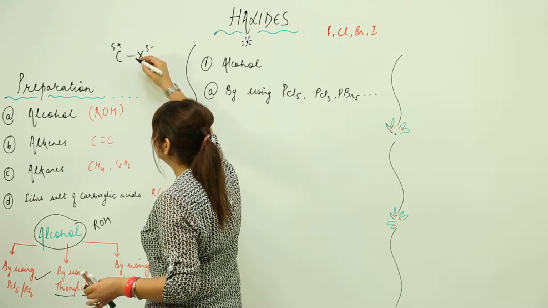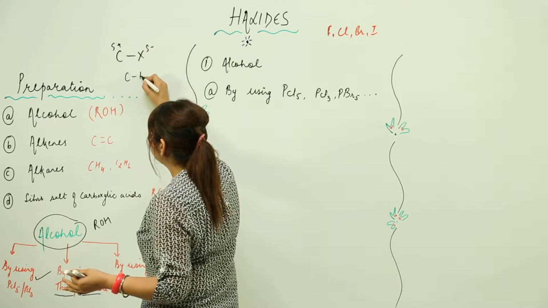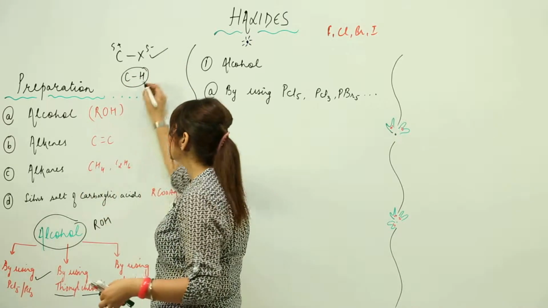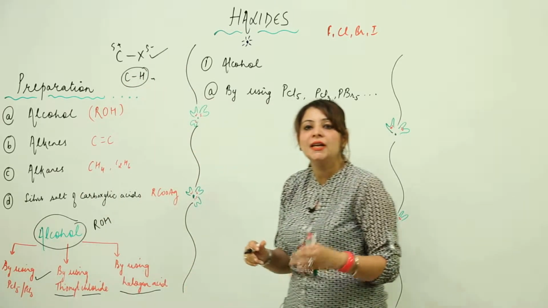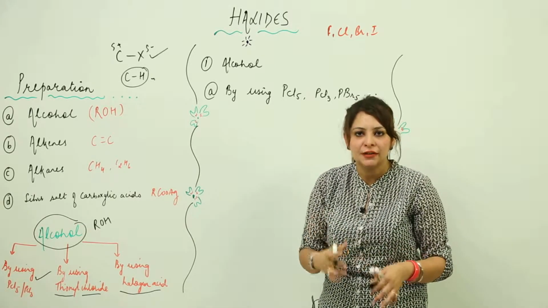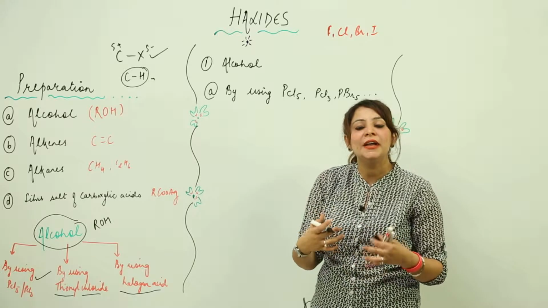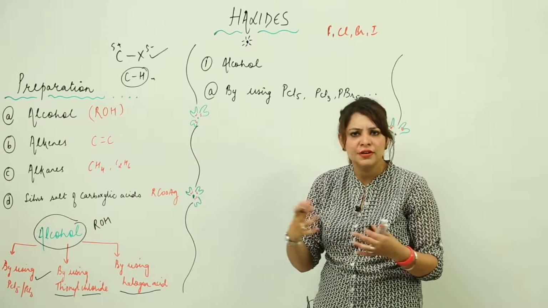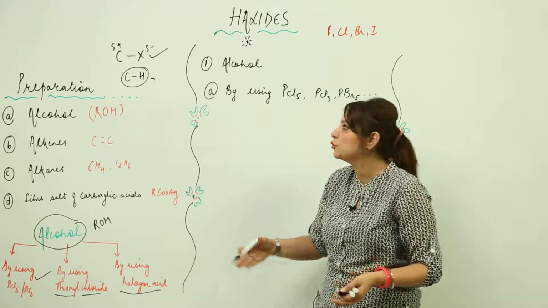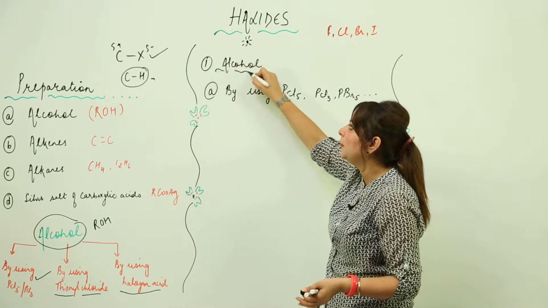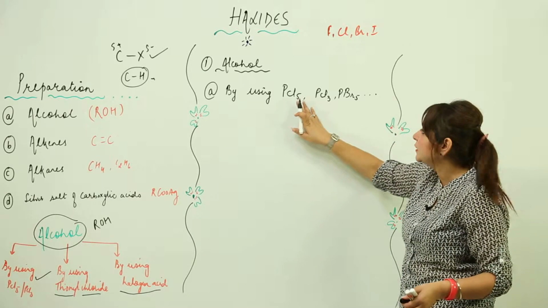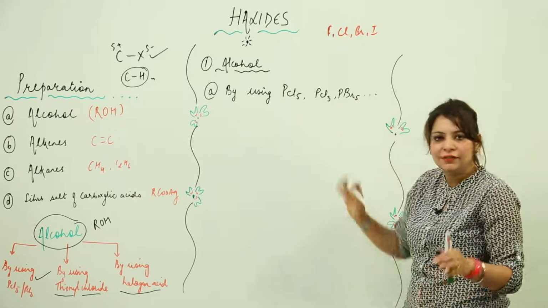So we can also have this CH bond. That means this bond formed is slightly stronger as compared to this bond. That is why the haloalkanes are also stable, because they have dipole interactions between them. But still they show many kinds of nucleophilic elimination reactions that we will discuss in the chemical properties. But here our concern is to learn how it is formed from alcohol first. So it is formed by using the phosphorus halides, that is PCl5, PCl3, PBr5 like that.